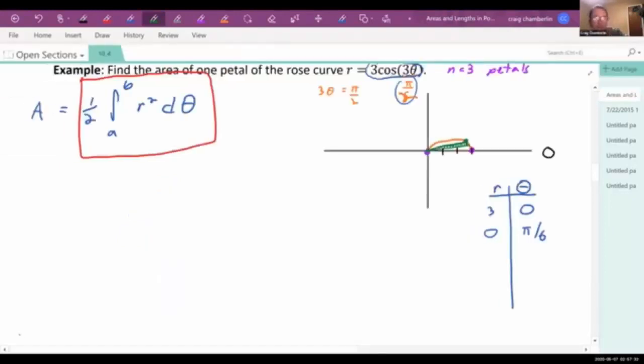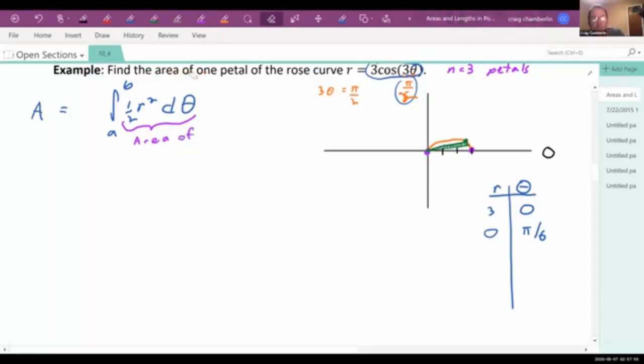Well, if you look at just this part, including the 1/2, so for explanation purposes maybe I'll leave the 1/2 in there right now, you can think of this as the area, the 1/2 r squared d theta, of an infinitesimally small, I'll just say really, really small, sector, almost sector.